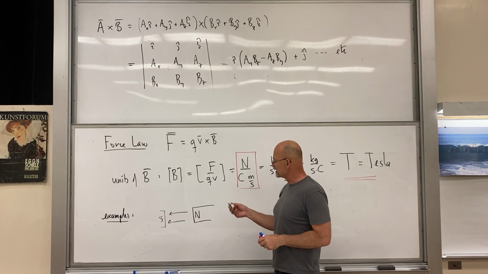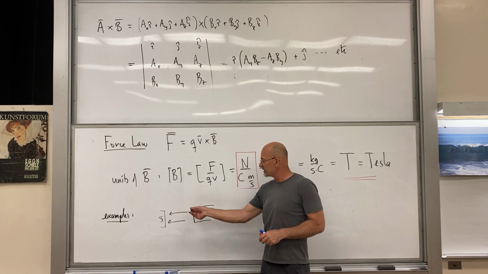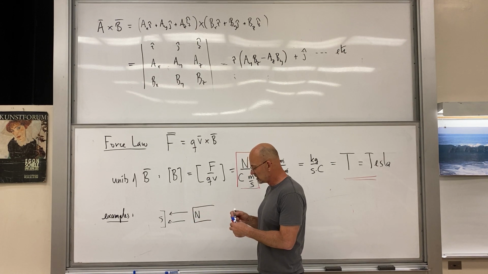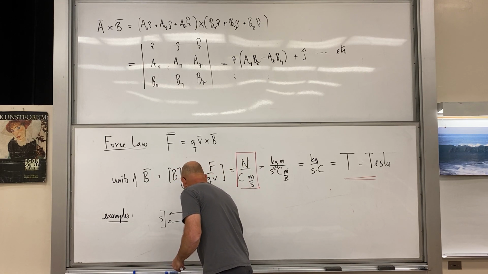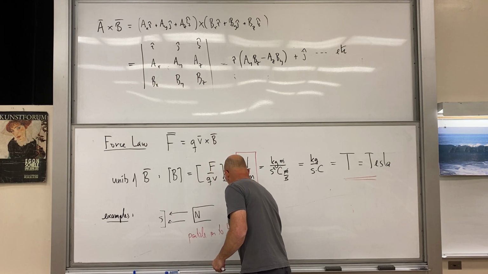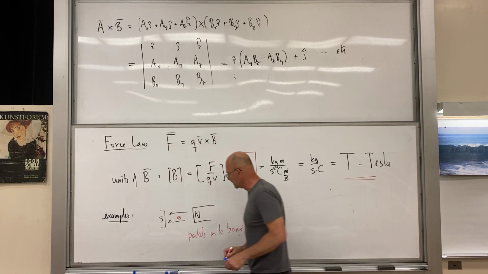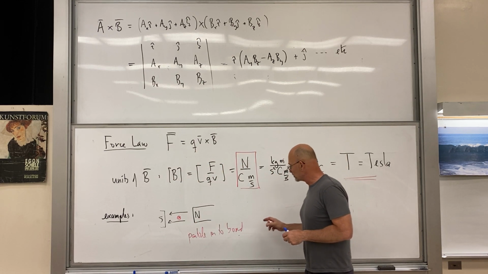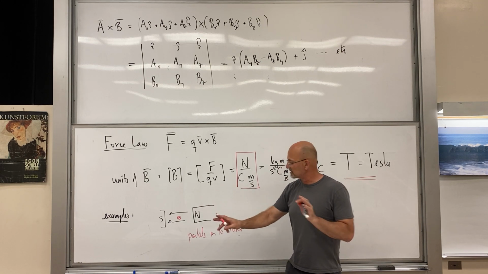Okay. So we send a particle into the board, so we're crossing a vector into the board in that direction there. The idea is you draw an X for something going into the board, and you draw a dot for something coming out of the board. Good, X into the board.